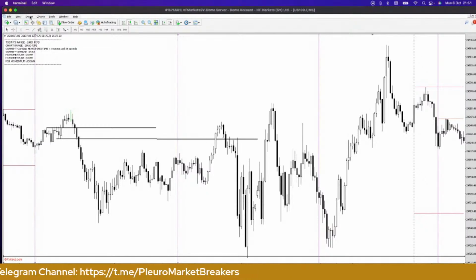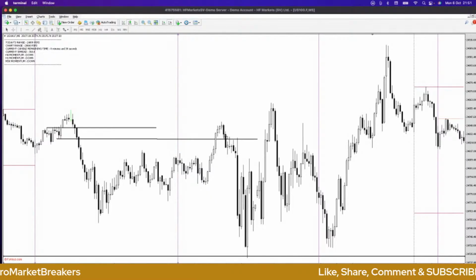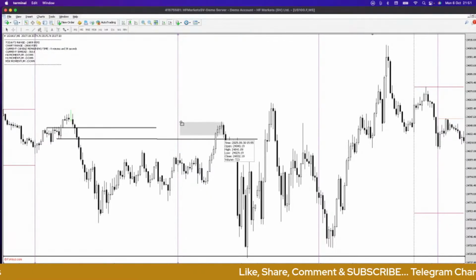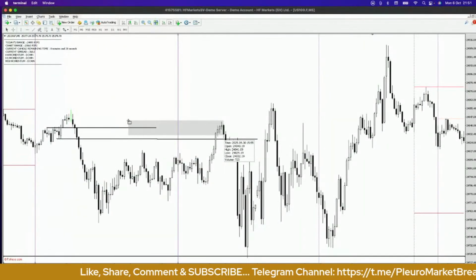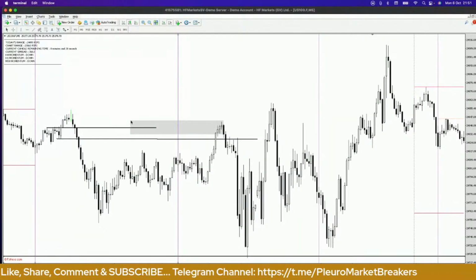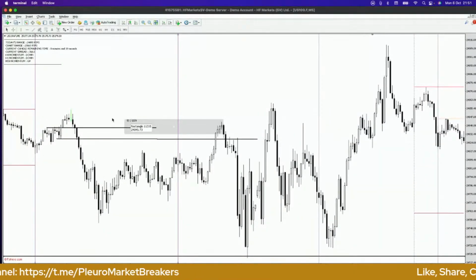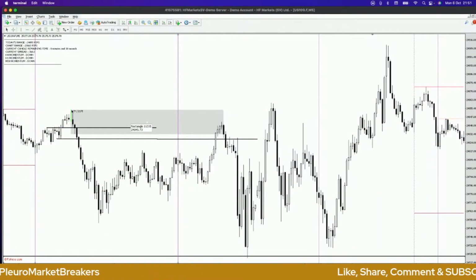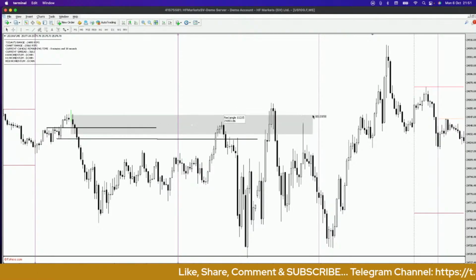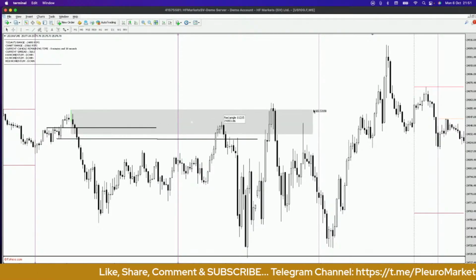So this becomes our entry. You can put your stop loss there. Because it's so close, that would have been, let's see, a 1339 stop loss. It's so close to there, I would just put it there, right? So that's my stop loss.